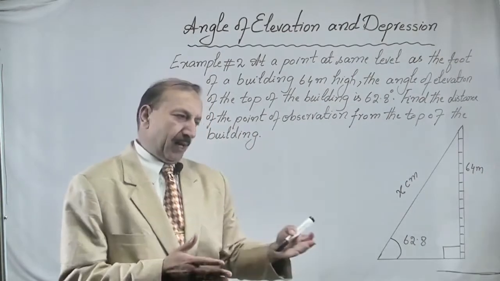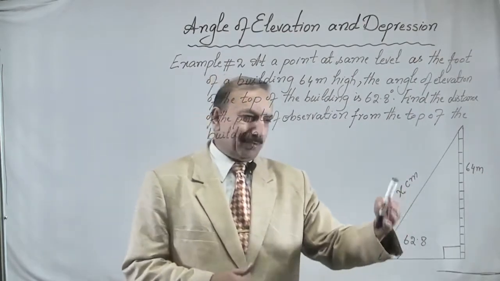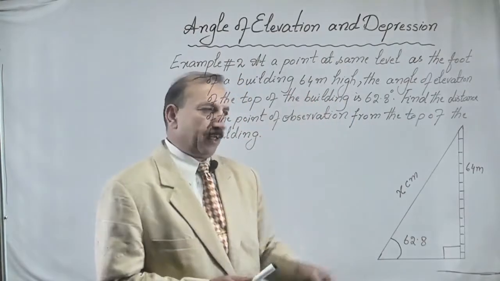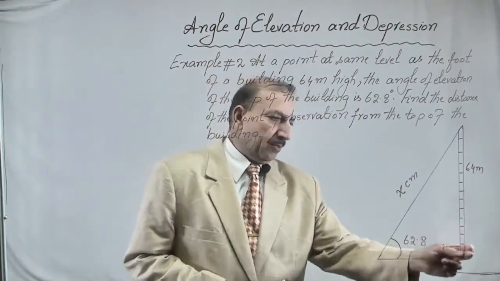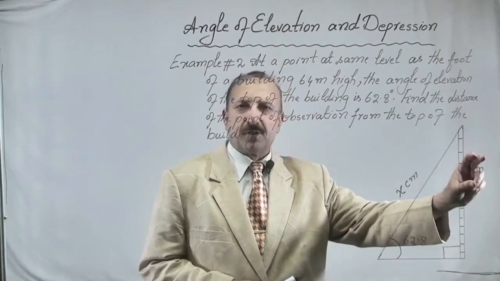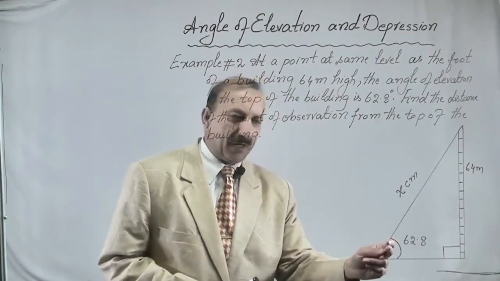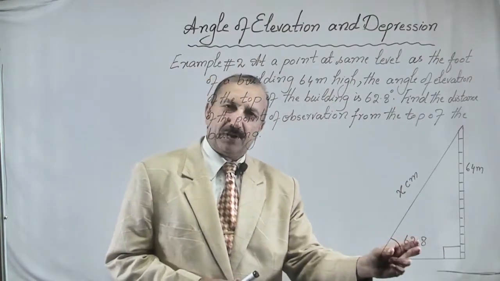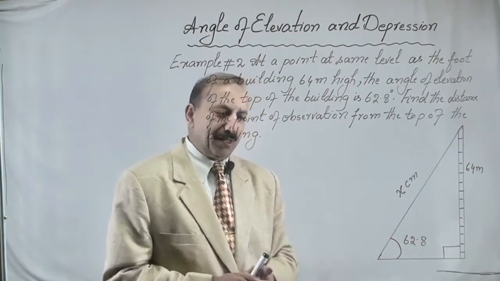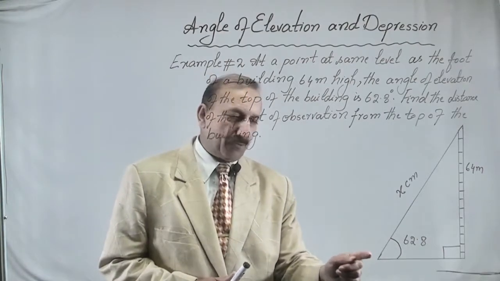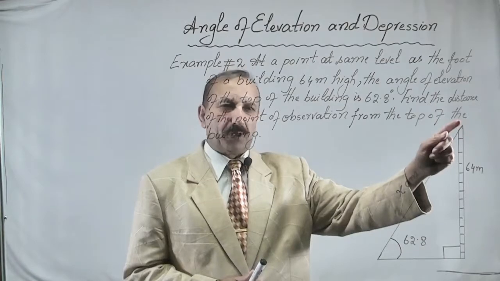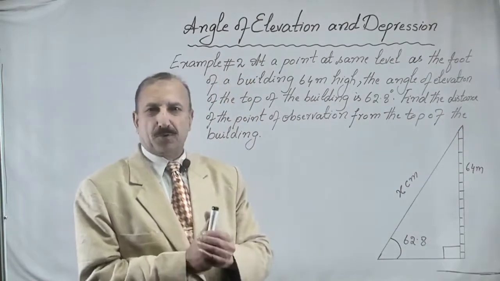I have drawn this situation figure from the information given in the word problem. The height of the building is given, 64, and the angle of elevation at a certain distance is mentioned here, and we are supposed to find the distance from the point of observation to the top of this building.